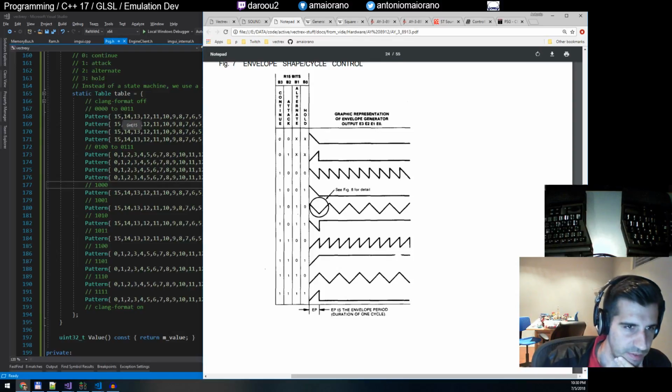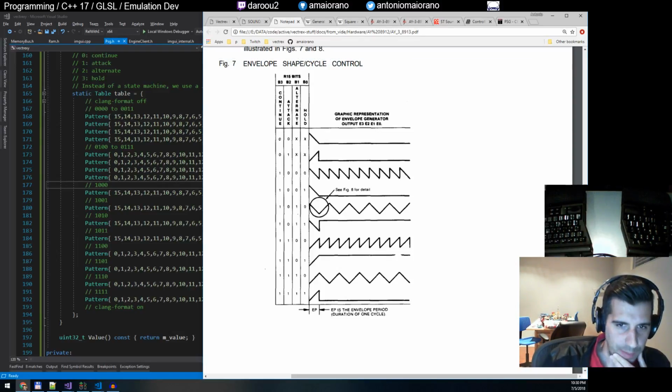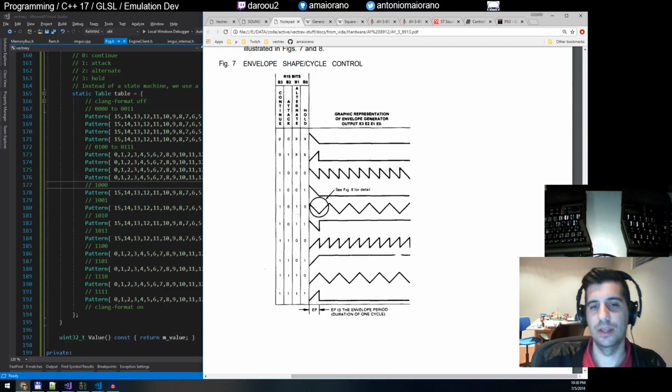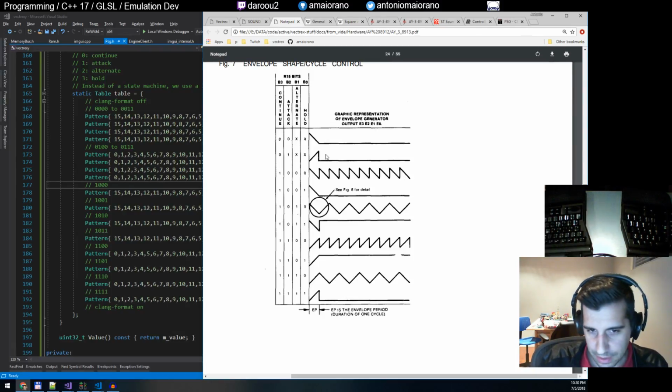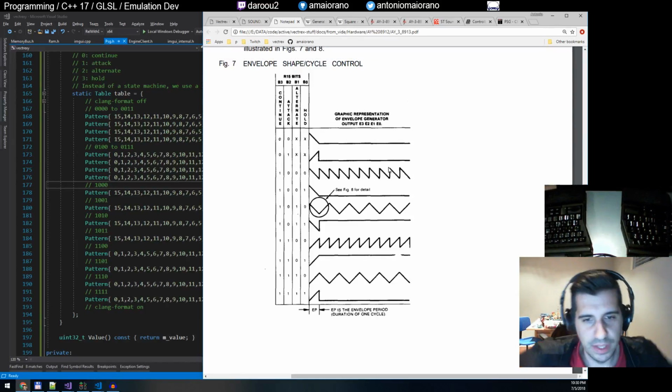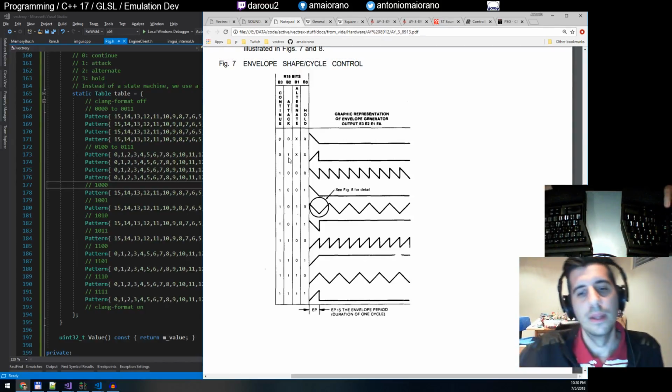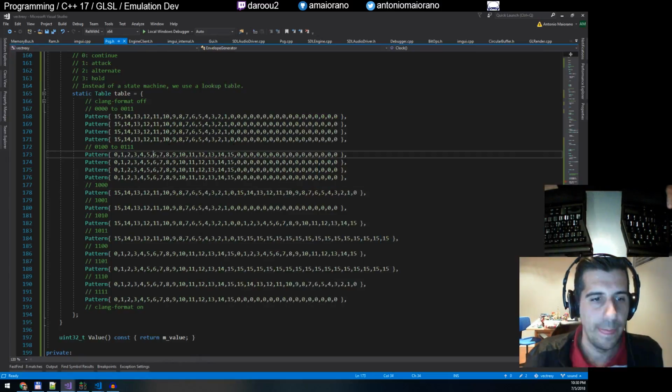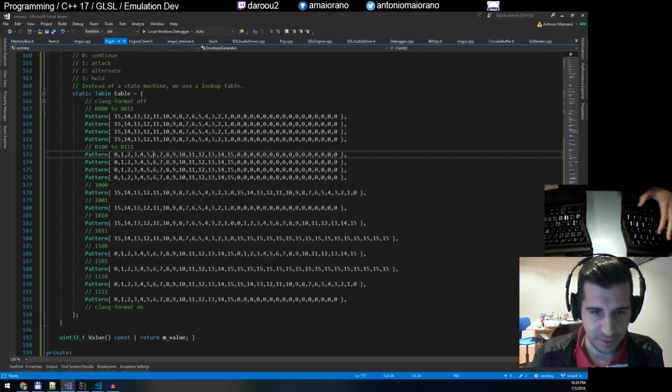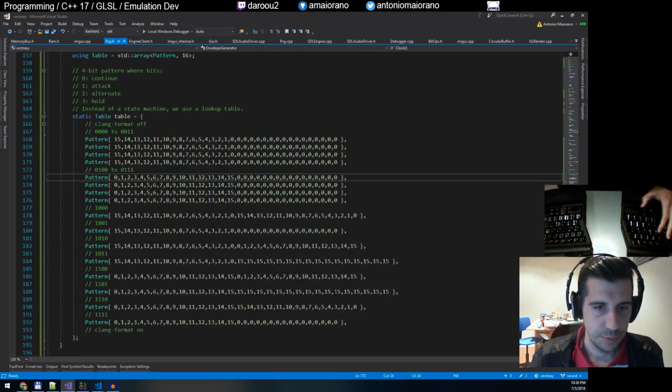Another way I could have done this is I could have named these shapes and then in this table just put the names of the shapes. You know what I mean? There's many ways we could have done this. But I don't think it's a big deal. It's pretty simple, this lookup table, right? So should be fine.